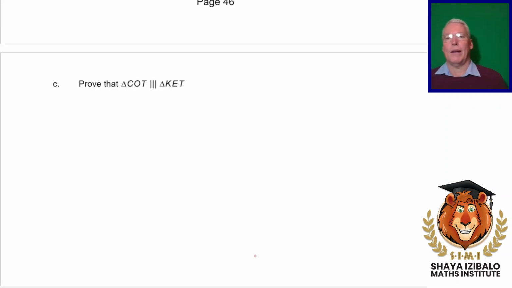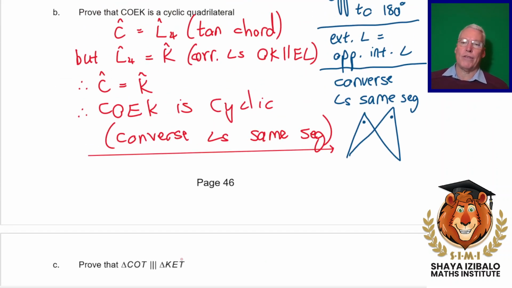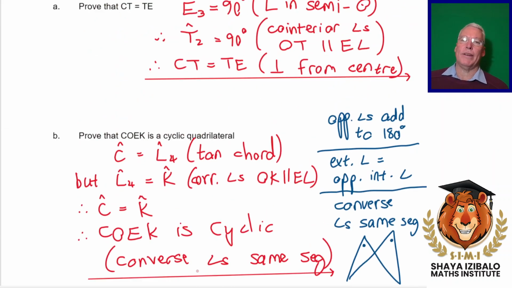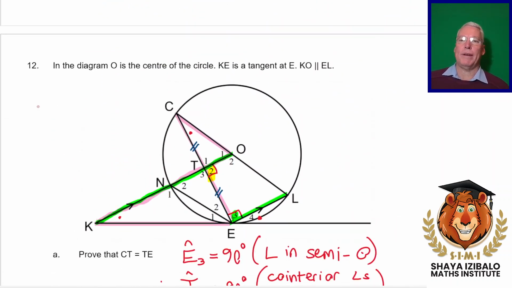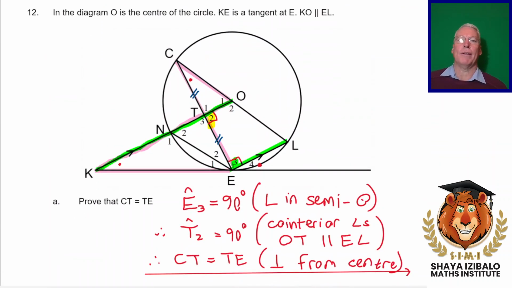All right, next up, we need to prove that triangle COT is similar to KET. I'm going to do that up here just so I can see the whole diagram. Now, even if we couldn't prove the cyclic quad, we can assume that these 4 points are the corners of a cyclic quad.